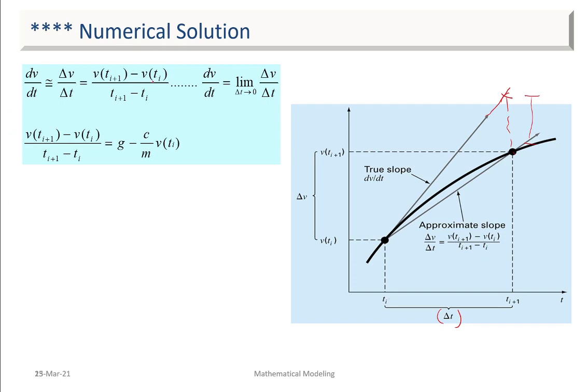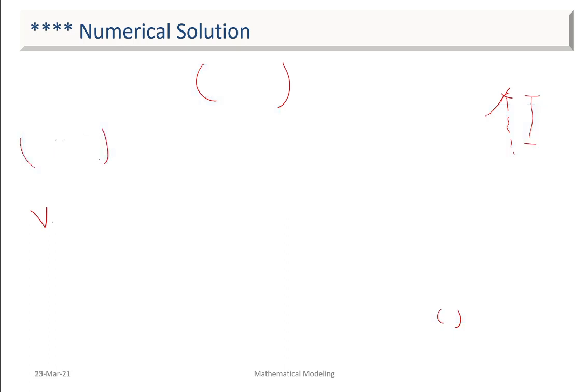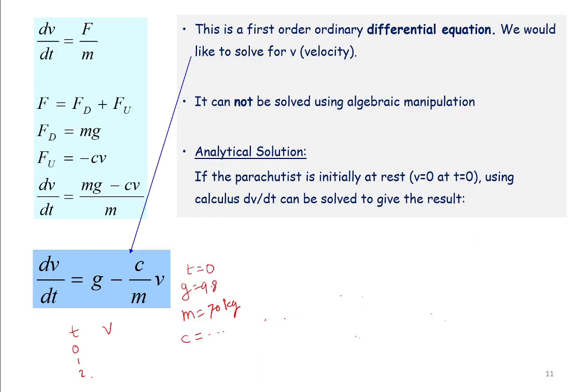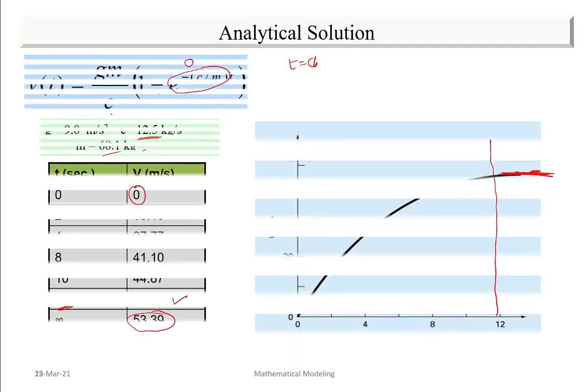I can now put this into equations, and this is the typical definition of a differential equation. So this dv by dt, in the previous equation we have seen this dv by dt. Can I replace that with that equation? Yes, I can replace this.